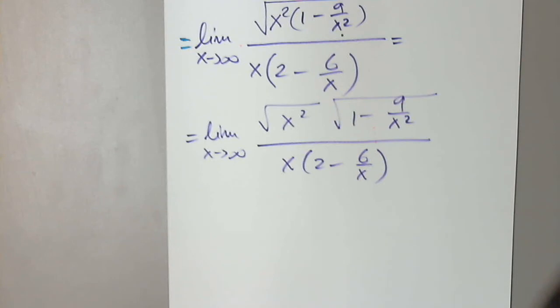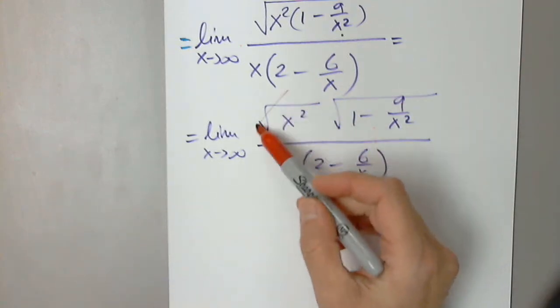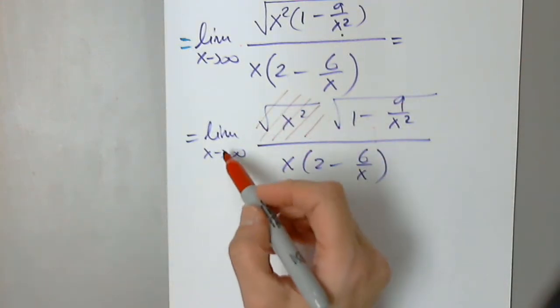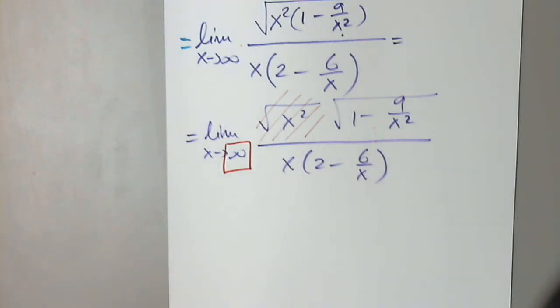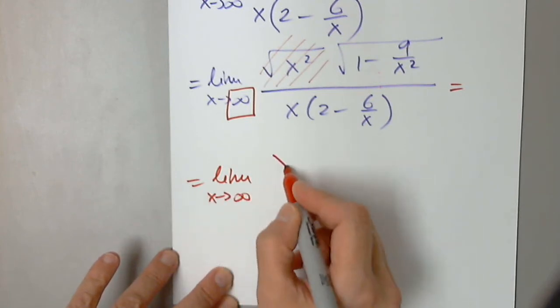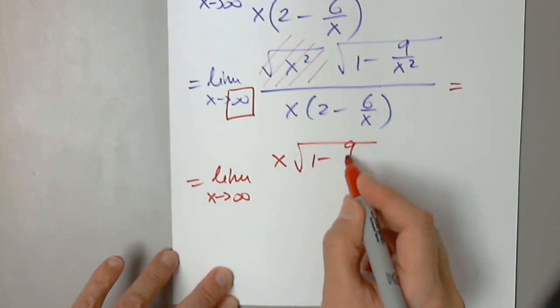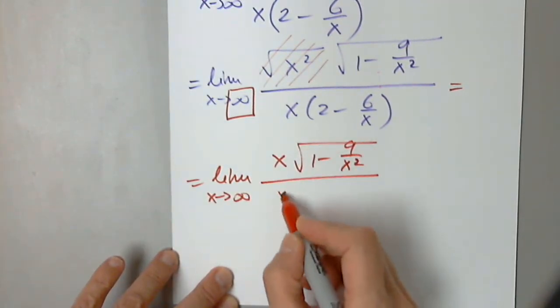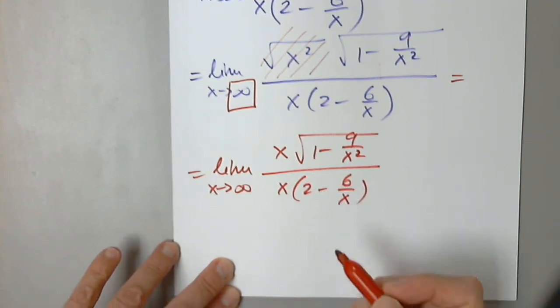Now remember, this is not obvious and it's not direct. It all depends on this, because it could be positive x or it could be negative x. But since x approaches infinity, what could that be replaced by? Positive x indeed. Very good. So then I write it one more time. As x approaches infinity, x times the square root of 1 minus 9 over x squared, over x times 2 minus 6 over x.